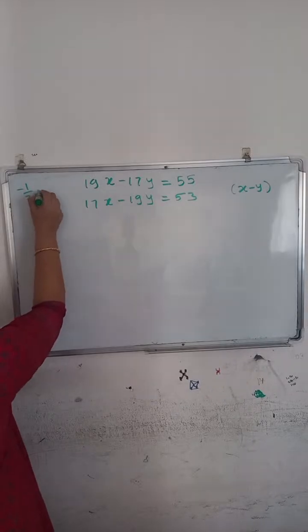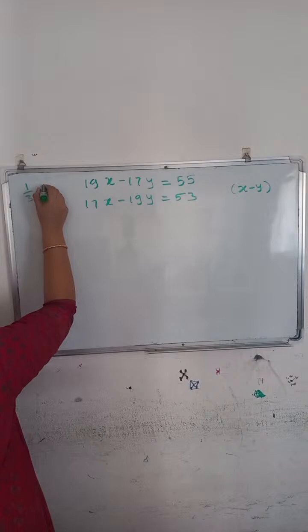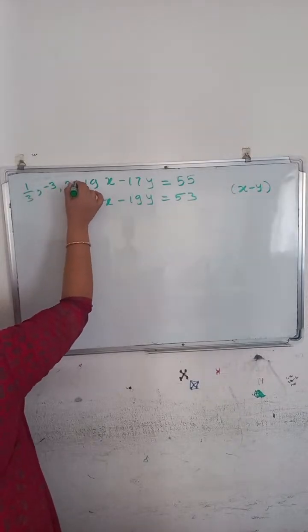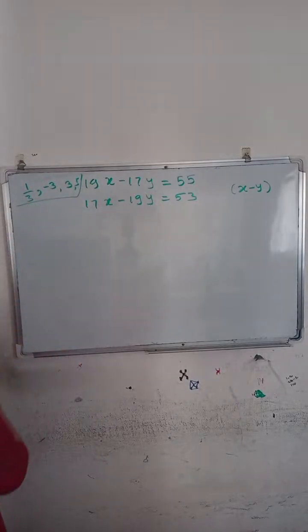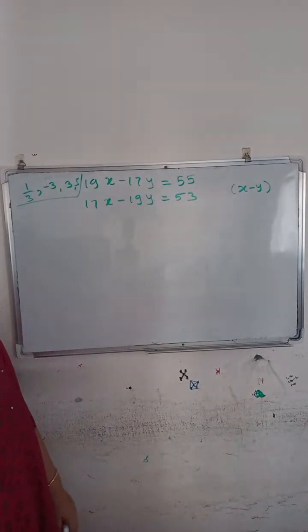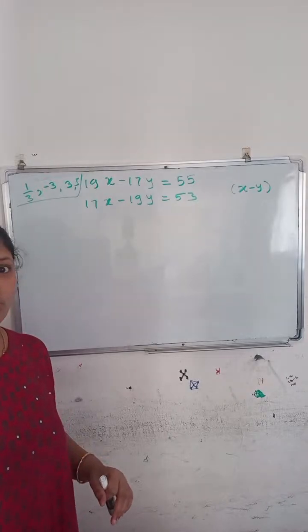First option minus 1 by 3, second option plus 1 by 3, third option is minus 3, fourth option is 3, and the last option is 5. Okay, so these are the equations. Mark this question as 7-star IMP, a very important question. They ask this for 1 mark, but this question can also be asked for 2 or 3 marks.